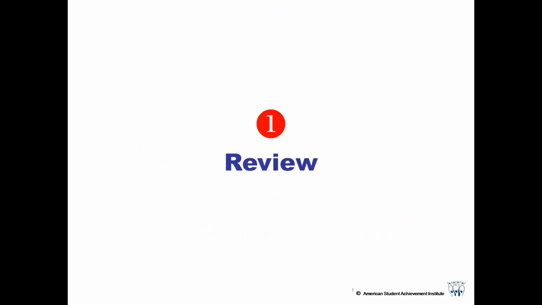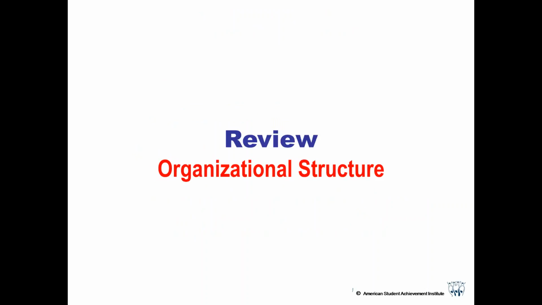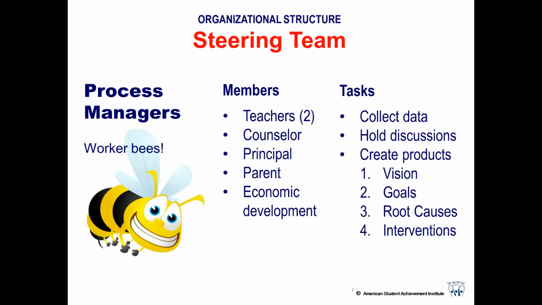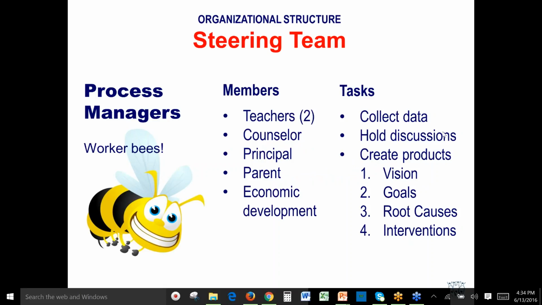Okay. So let's start out with that review. Just a quick review. Don't forget, here's our organizational structure. You're part of a steering team, and each person on the steering team has a certain set of tasks to complete, and that you are collecting data, you're holding discussions, and you're creating products.